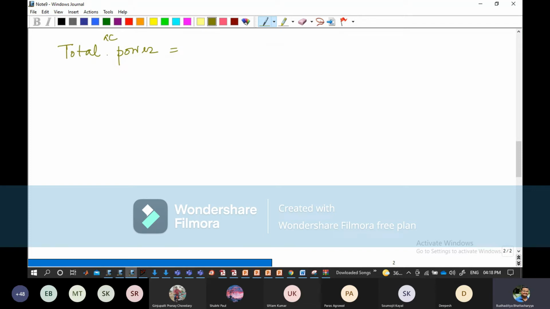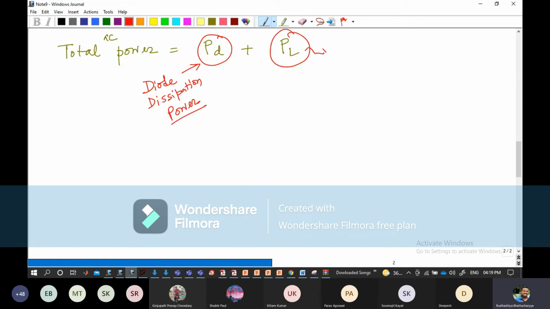That is, when we are applying the supply or the V in, what will be the power dissipated? So the total power will be given by PD plus PL. Now what is PD? PD is usually considered as diode dissipation power. All right, so this PD is the diode dissipation power, and this is basically the load power.